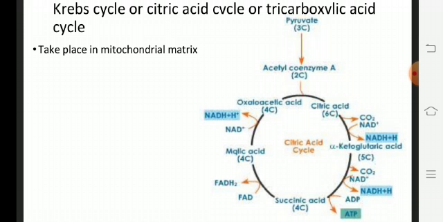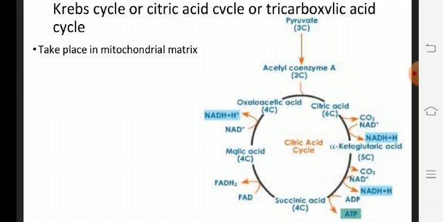So the first is glycolysis and the second one is the Krebs cycle. The mechanism of aerobic respiration includes three steps. Already we know about those three steps. First one is glycolysis. Glucose is broken down into two molecules of pyruvic acid.